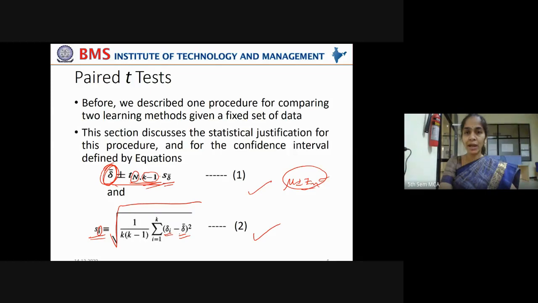From that you subtract the mean error, square it, sum it up for how many values? You made k partitions, right? So i equal to 1 to k, sum up all the deviations in the errors from the mean error multiplied by, what is this term? To find out the average of the variance, 1 by k into k minus 1.